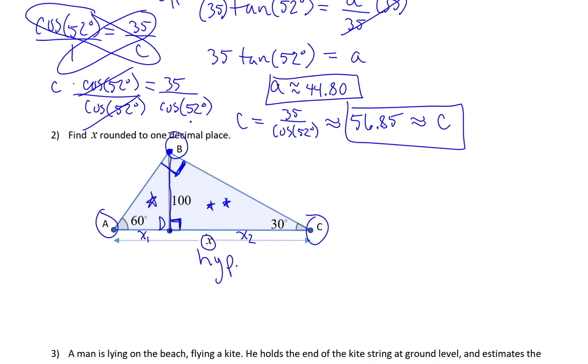Now, what we can do is find x sub 1 and x sub 2, and then simply add those together. We can find each of those using trig ratios since they are part of right triangles. So let's just do one at a time. For x sub 1, notice that's one side of a right triangle. Again, just a note, where point D is, you have right angles on both sides of it because it's an altitude that drops down, forming that intersection.